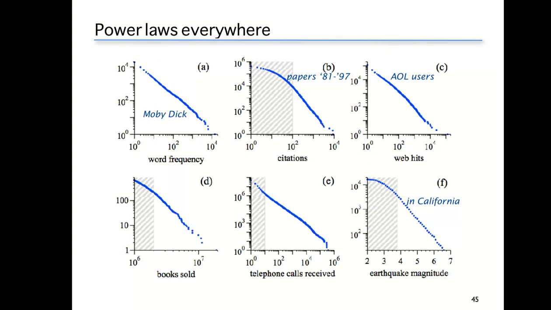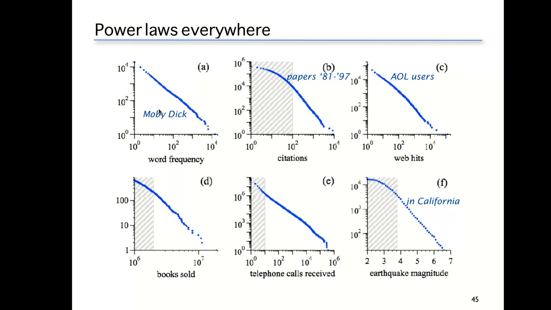And we tend to see that power law distributions are everywhere. In this slide and in the following, you can see some interesting and sometimes funny examples of cases when power law distribution appears. For example, word frequency in a book about Moby Dick.